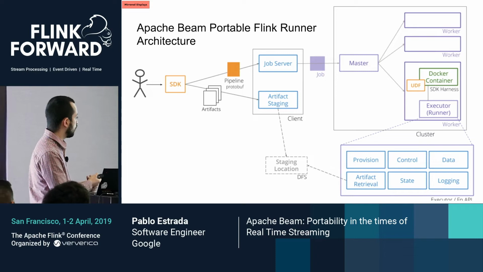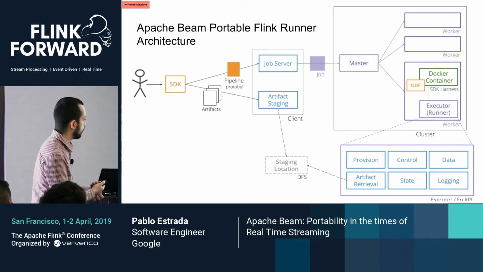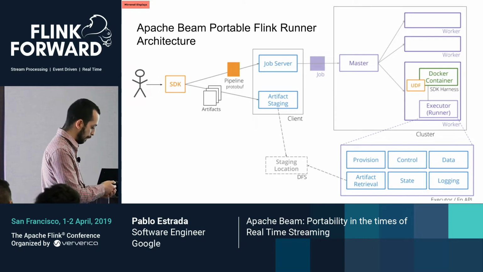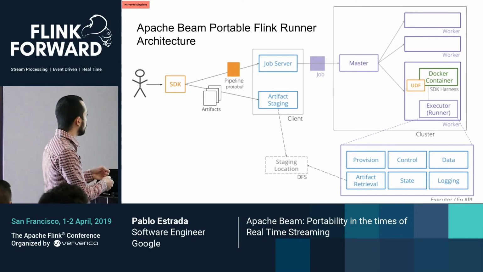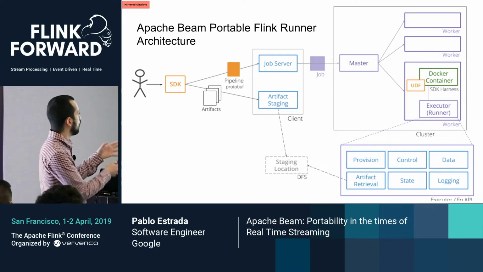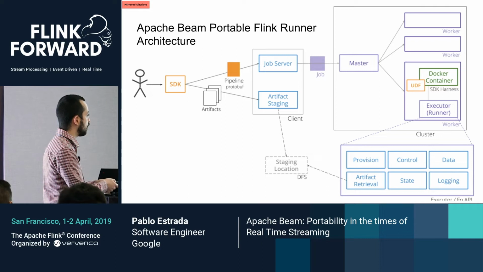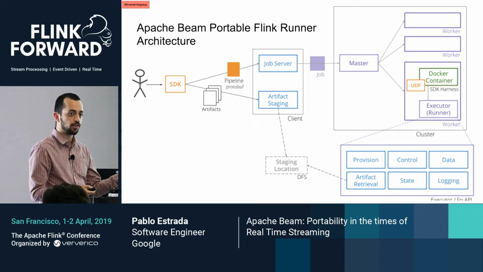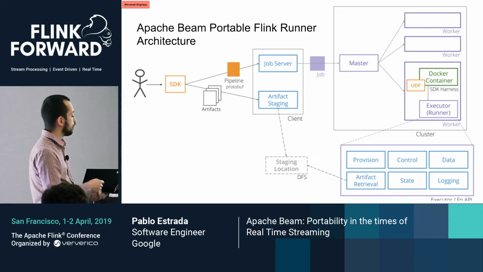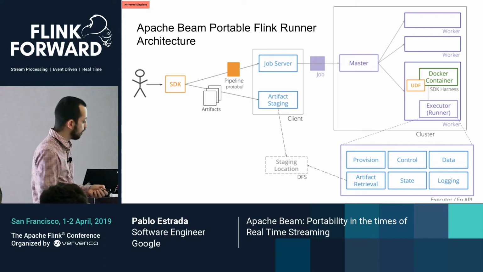It is not a trivial integration. It is a bit of a complex system integration, but thankfully we have been able to have a decent API defined here and a decent API defined between the executor and the runtime, so that it's lowering the barrier for new SDKs and new runners.